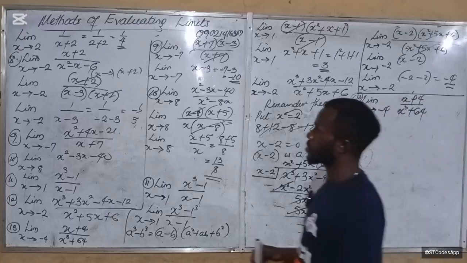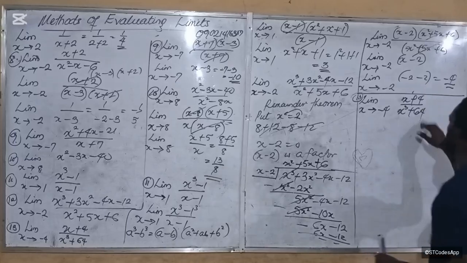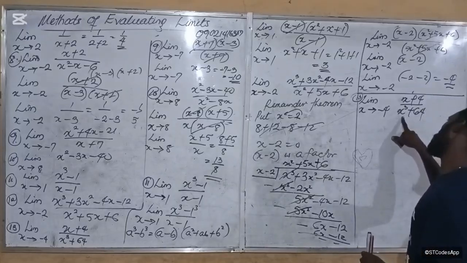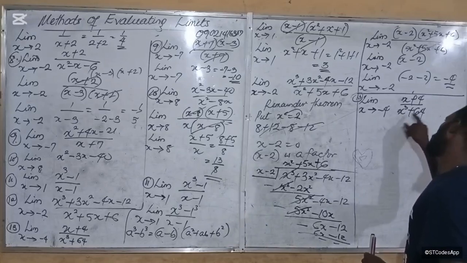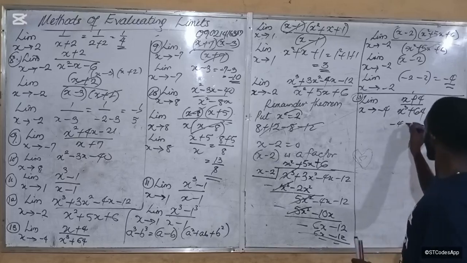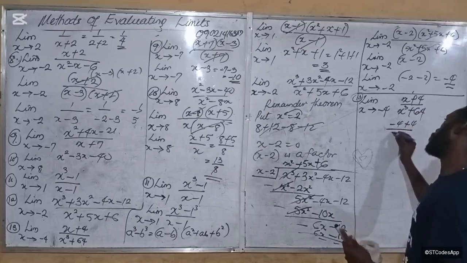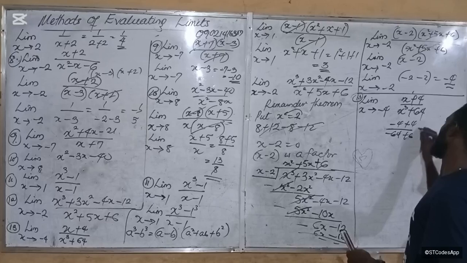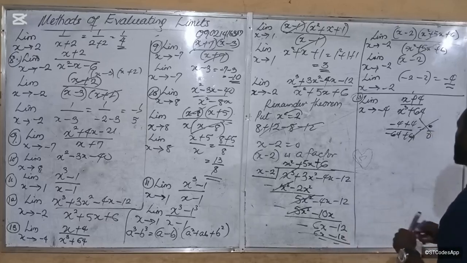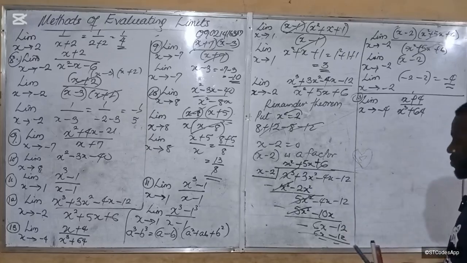So if we substitute directly, it will give us an indeterminate form. Minus 4 plus 4 over minus 4 cubed will give us minus 64 plus 64. That's 0 over 0, which is indeterminate. So we cannot substitute directly. So what do we do here?